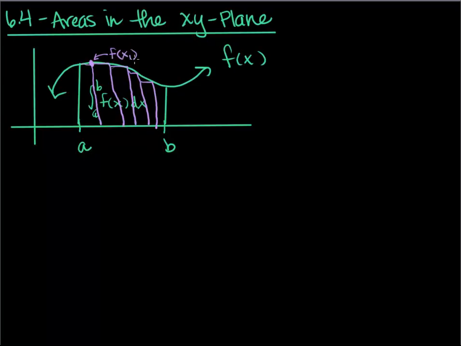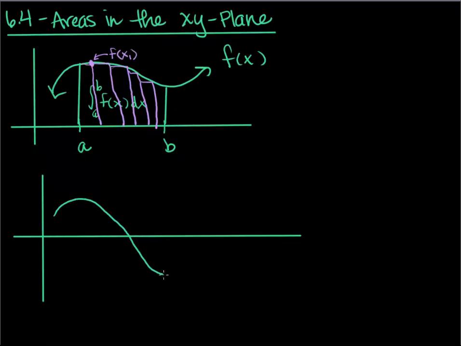So the question today is, what if my function is not positive? What if it is not non-negative? What if I have a function and I want to integrate, and let's say my function does something like this, and I want to integrate from a to b, so maybe I'll put a in the same spot here, and we'll put b up here.